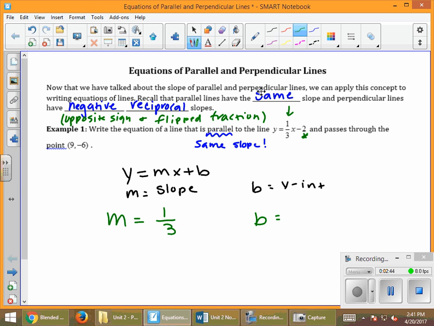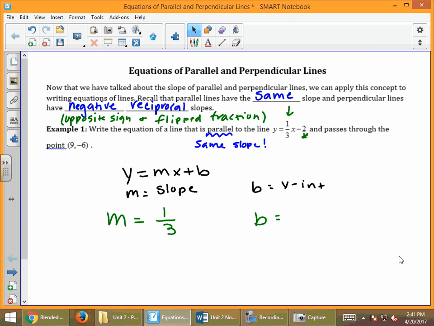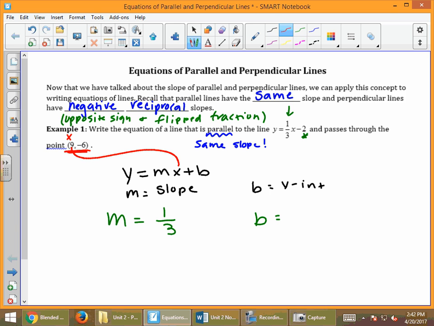To do that, what we're going to do is use this point they gave us. They gave us the point 9, -6. We can plug that in and plug our slope into this formula, y equals mx plus b, and then solve for b. So you're going to take 9 and plug it in for x, right here.